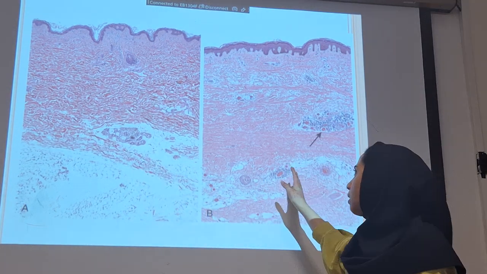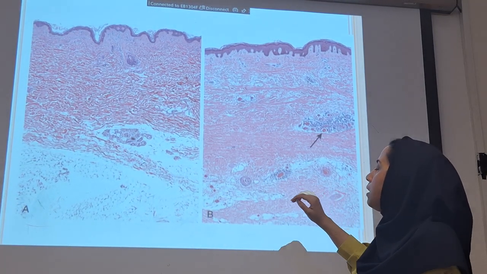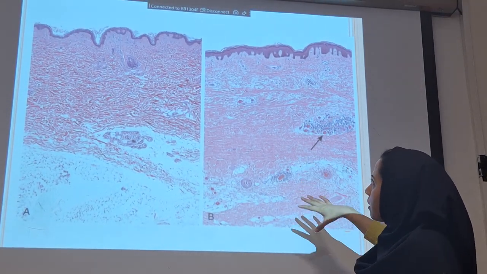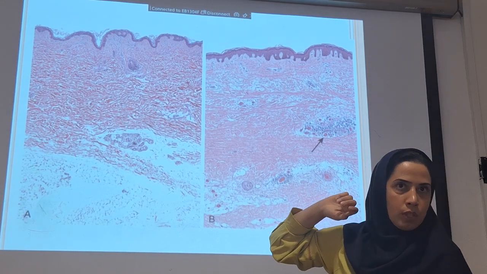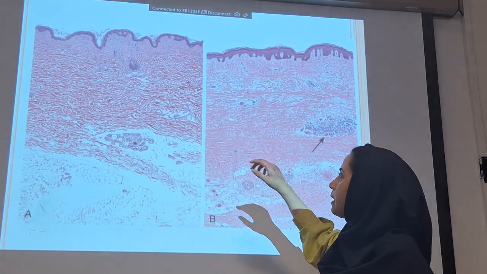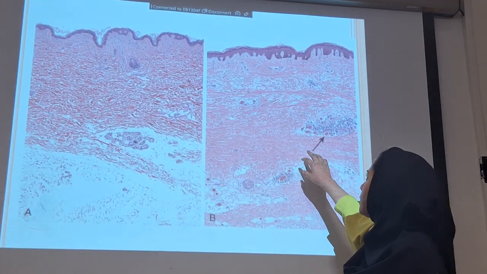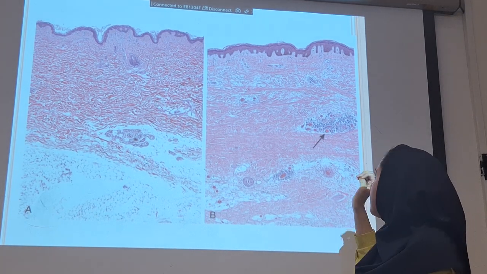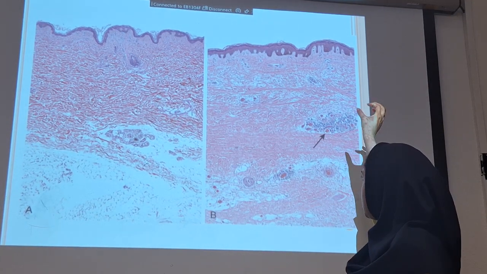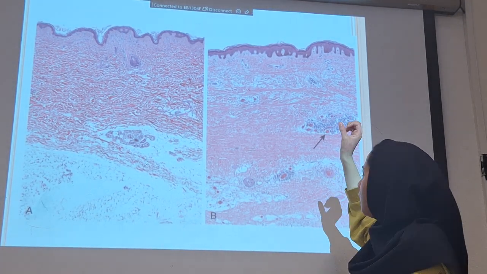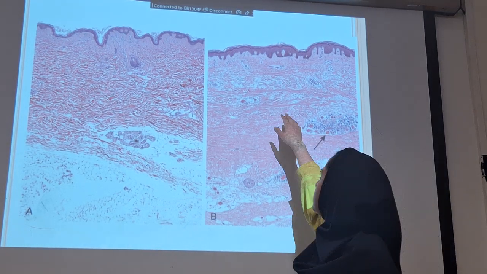Compared to this, you see here increased thickness of the dermis. And you see that the collagen fibers are thick here, and they have trapped the sweat gland.